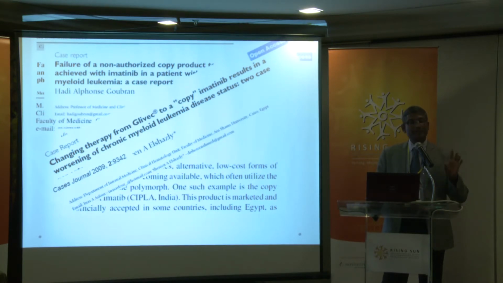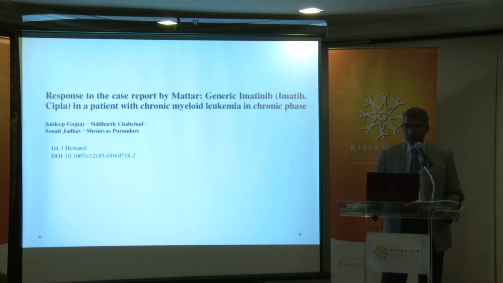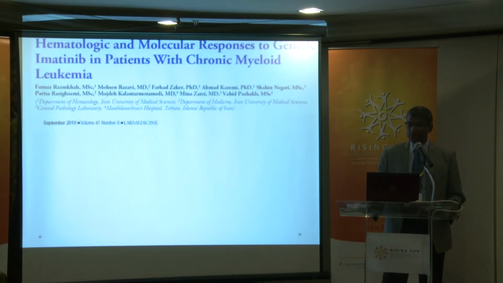And of course, there have been some reports where many of them were the alpha crystalline form, which is not as stable as the beta crystalline form, and so probably that was one of the reasons. But we do have reports saying that it did not do well, and it gave bad publicity to the generics in the West.